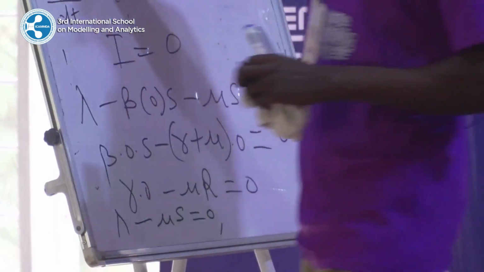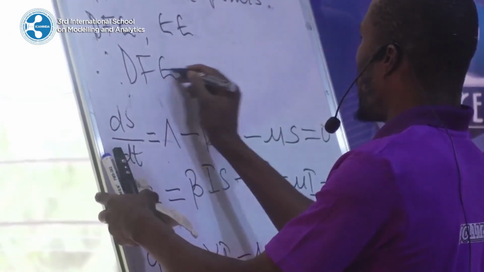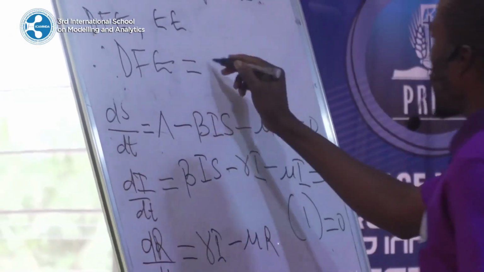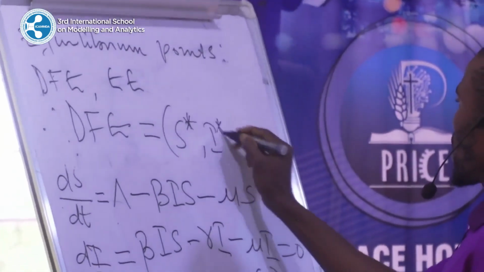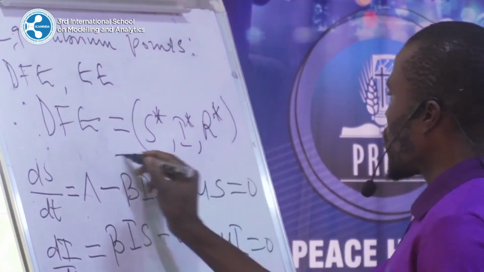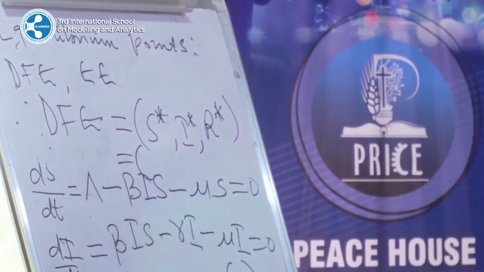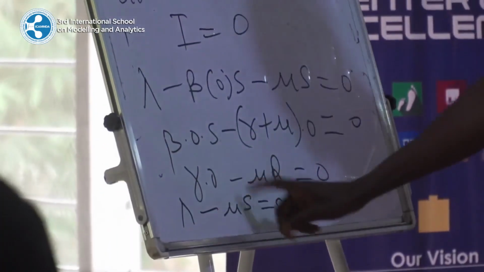I can therefore say that my disease-free equilibrium is equals to S star, I star, R star, which is equals to what? I have a resulting equation here, which is lambda minus mu S. What am I looking for?